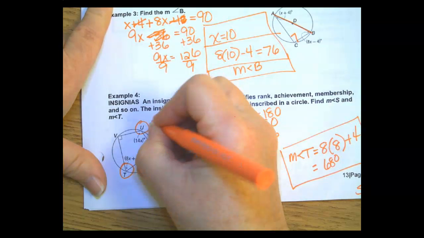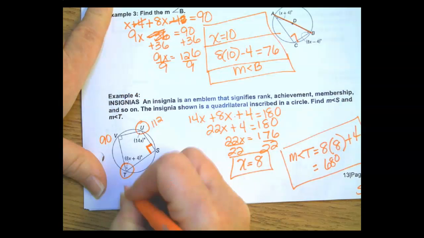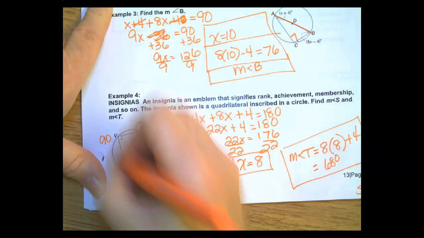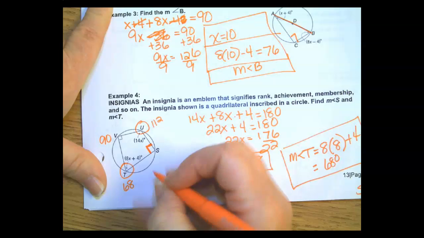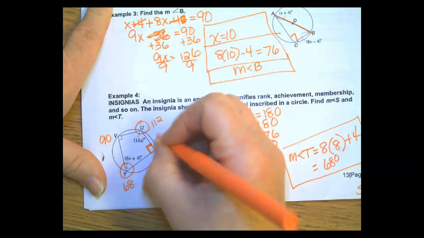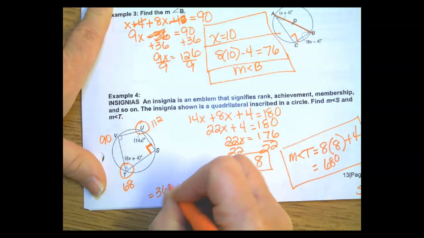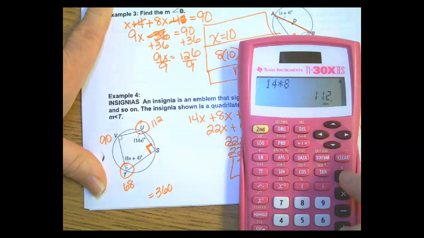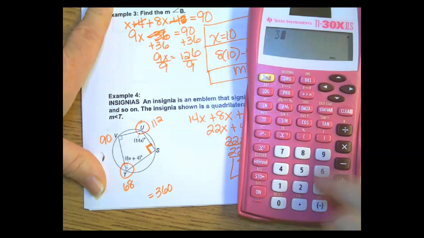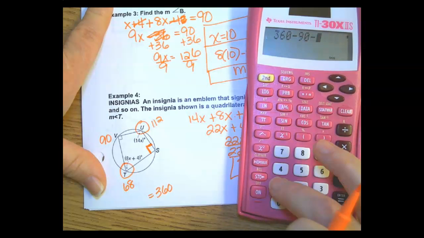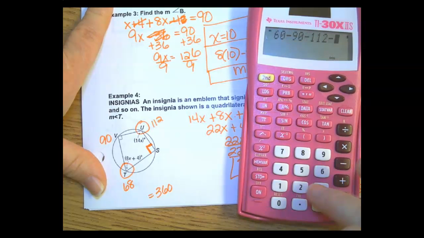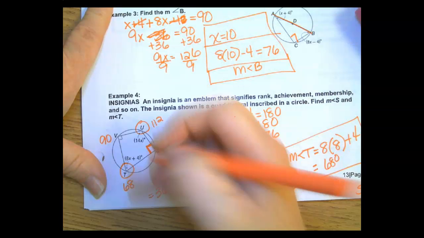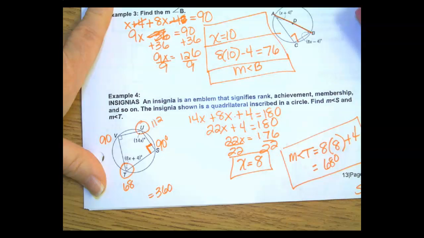So this one's 112, this one's 90, and this one's 68. Because it's a quadrilateral, they should equal 360. So 360 minus 90 minus 112, and then minus 68 is 90. There you go.